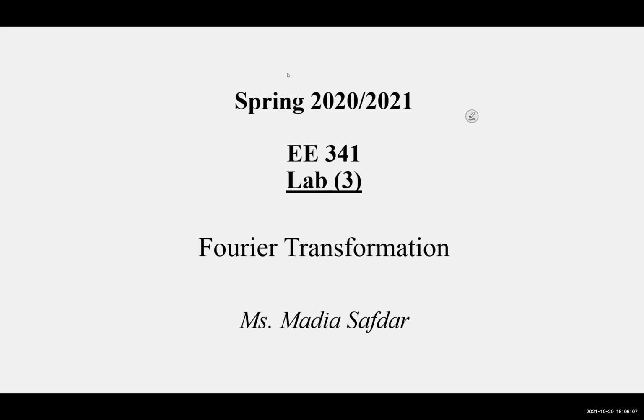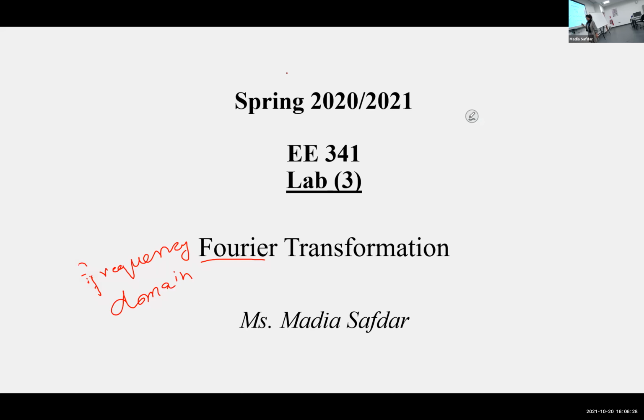What is this? Do you have an idea about Fourier transform? Yes, this is the frequency domain analysis of a time domain signal. Frequency domain, right? You all know. Okay.